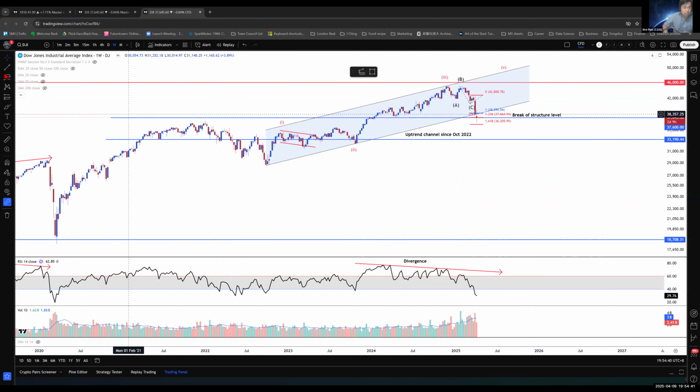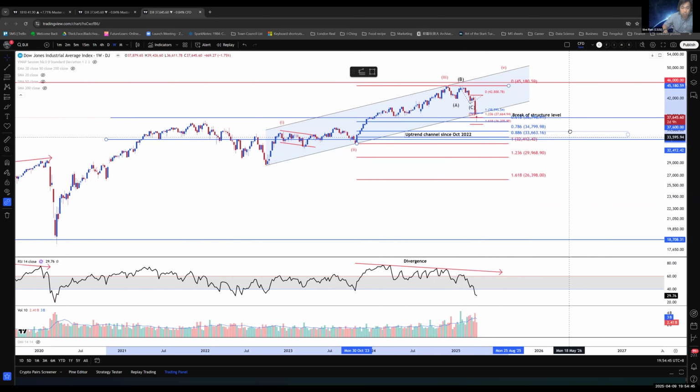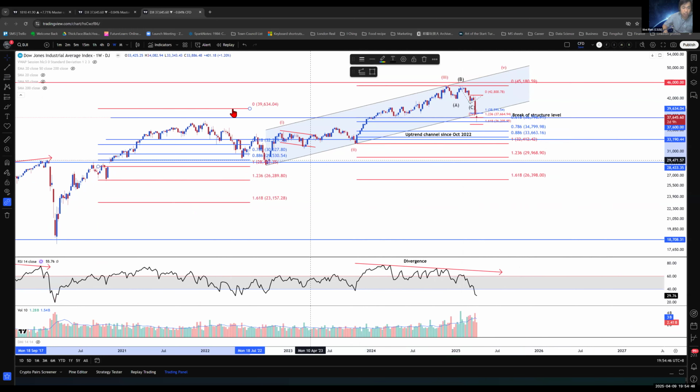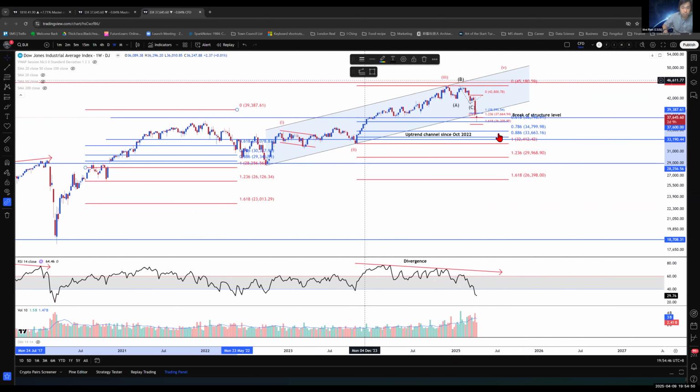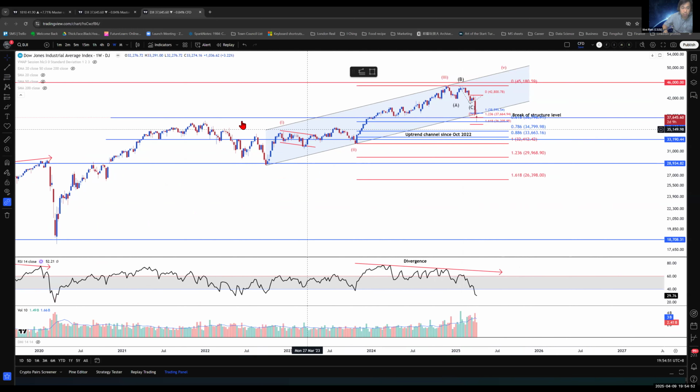Likely a deep retracement level from 88.6. So we are looking at perhaps this level, around 34,834 to 33,190. That's the main one, if 37,600 is being broken.